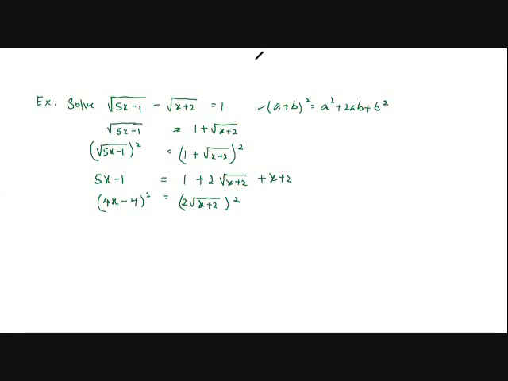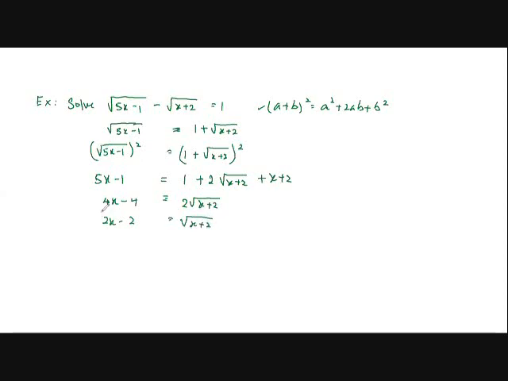Maybe we simplify first, otherwise it's going to be a high number. So we are left with 2 here. Then we simplify, because they have a common factor, we divide by 2. So you are left with 2x minus 2, and this side is going to be the square root of x plus 2.